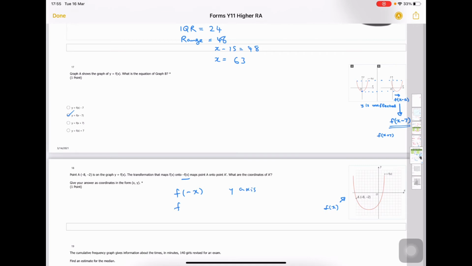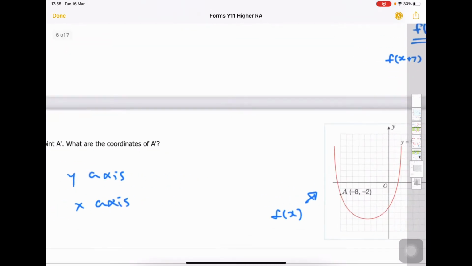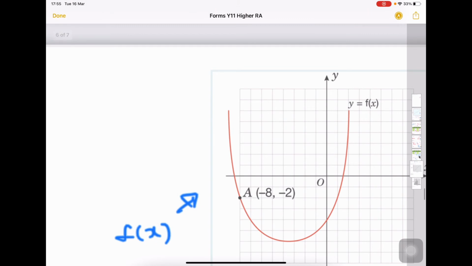But because it is like this, it's a reflection in the x-axis. So in other words, the x values are not changing, but the y values are. I'll say that again. The x values are not changing, the y values are.